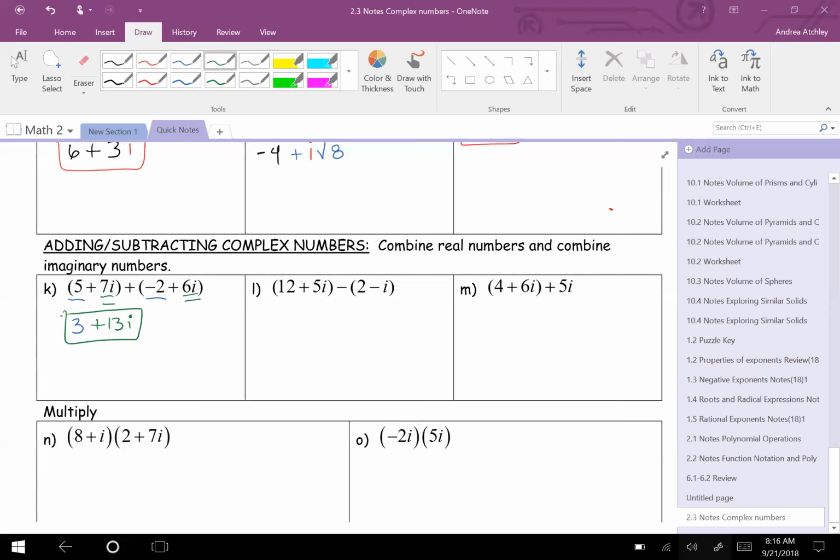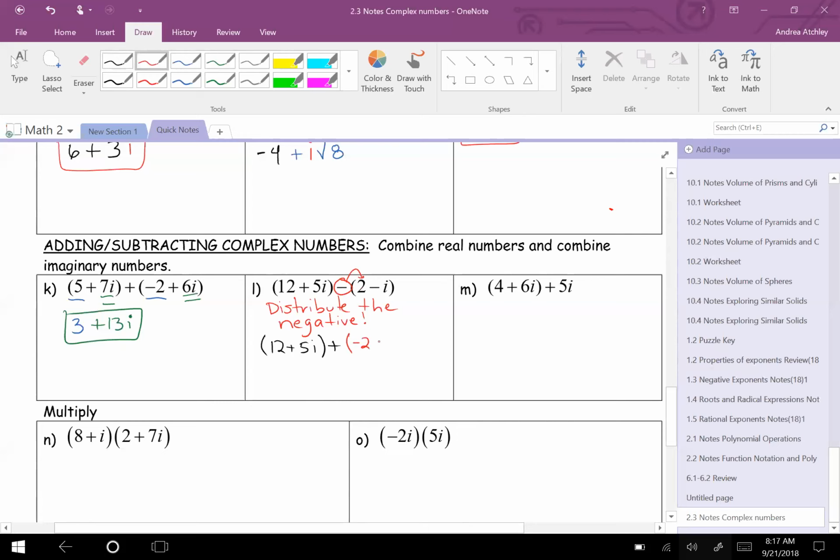Okay, next one. You're subtracting here, so we have to distribute the negative. So I'm going to have the 12 plus 5i, and then plus negative times 2 is negative 2.